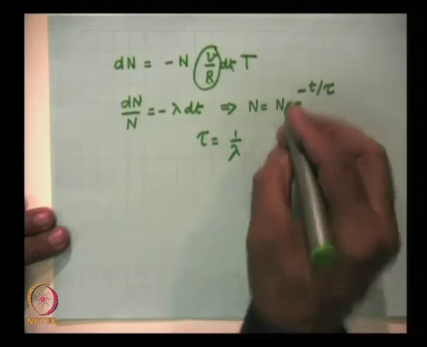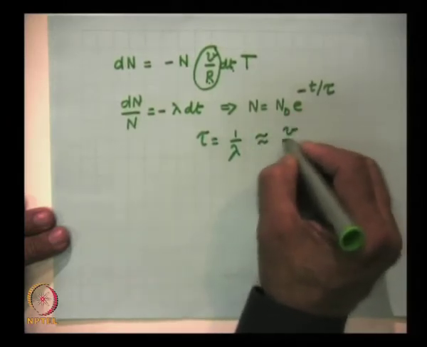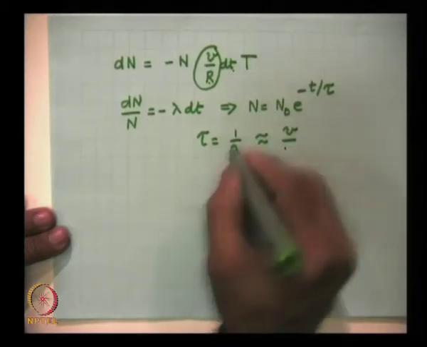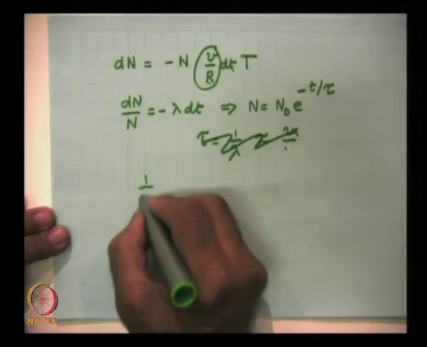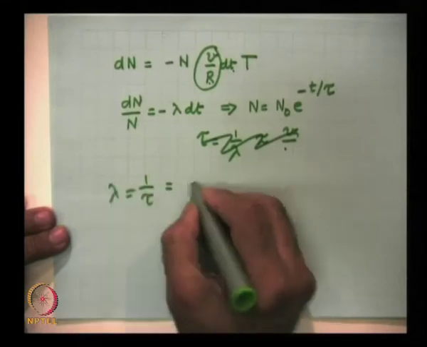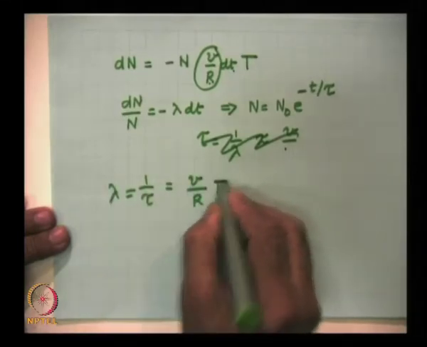This is the radioactive decay law, and 1 over tau is equal to lambda, which is approximately V by R times t.